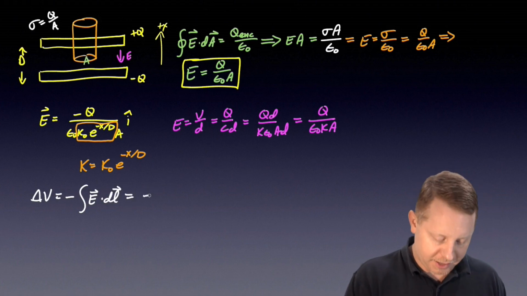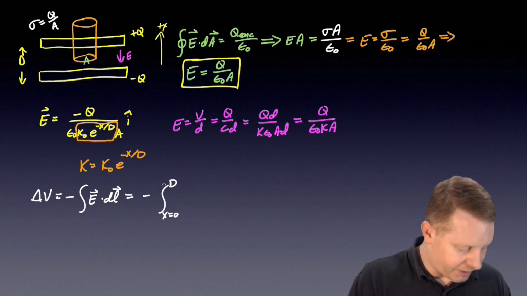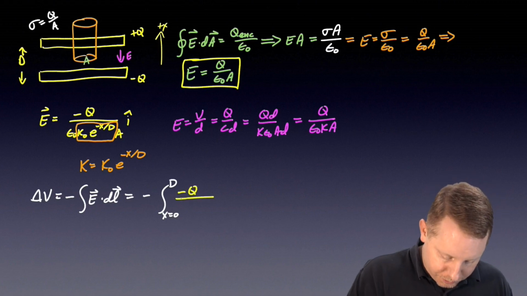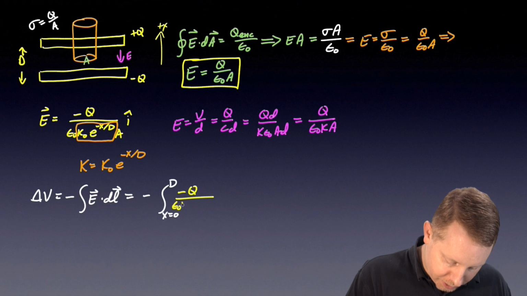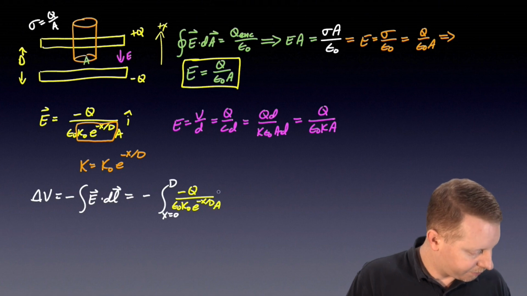In this case, that'll be the opposite of the integral from x equals 0 to the final value d of our electric field equation, which they gave us up here: minus Q over epsilon naught kappa naught e to the minus x over d A.